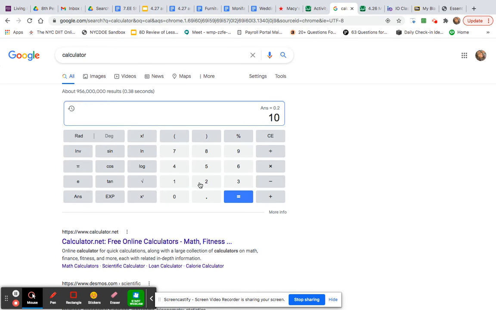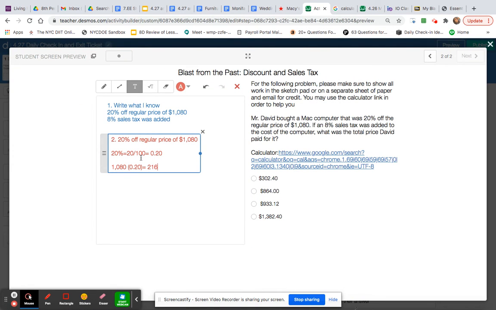So we're going to do 1,080 times 0.20. That's $216. Now, to take 20% off the price, we just found out what 20% of 1,080 is.